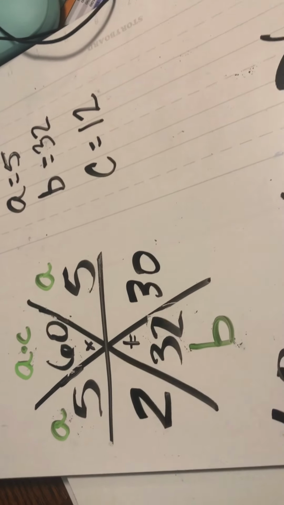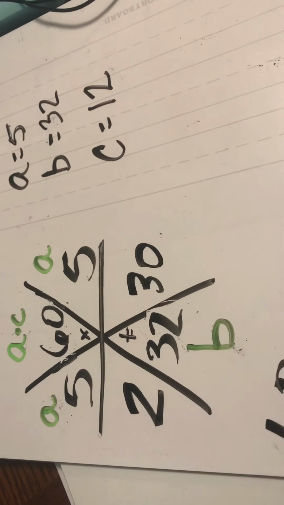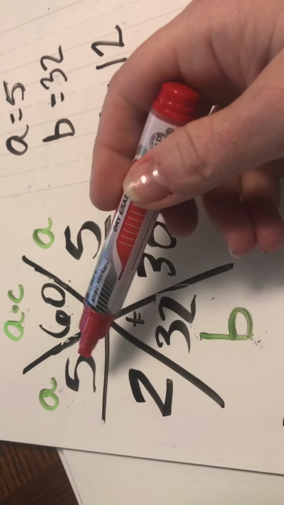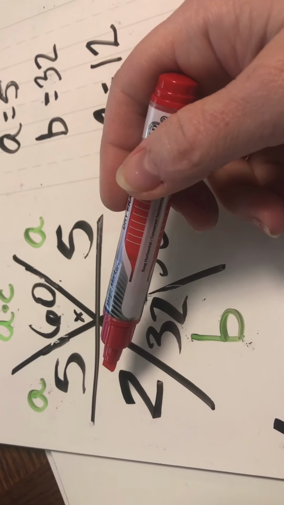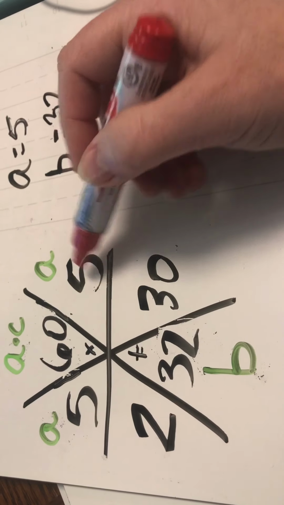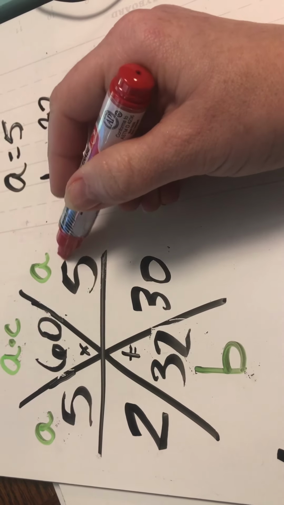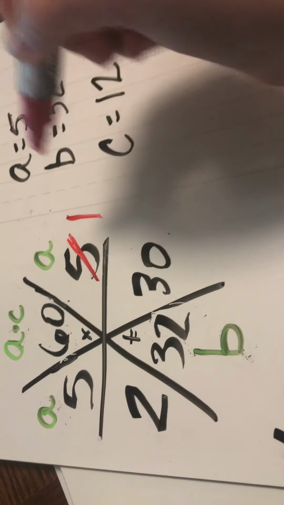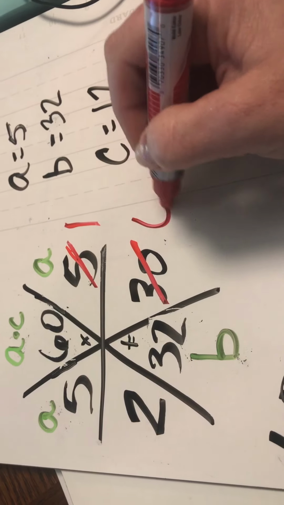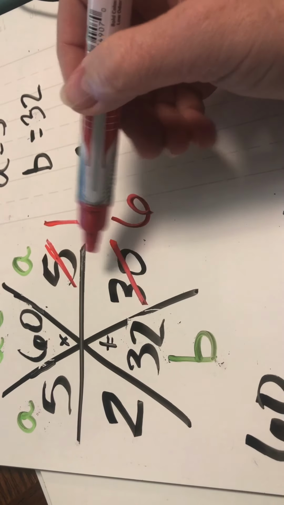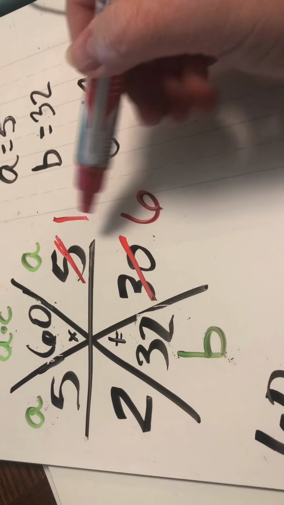Now, what the asterisk method does is it will reduce for us. So does 5 and 2 reduce any? It does not. Does 5 and 30 reduce any? It does. So 5 will go into 30 six times and 5 will go into 5 once. So this reduces to 1 and this reduces to 6. Because I factored out, this is a fraction, and I had to reduce it, and it becomes 1 over 6.